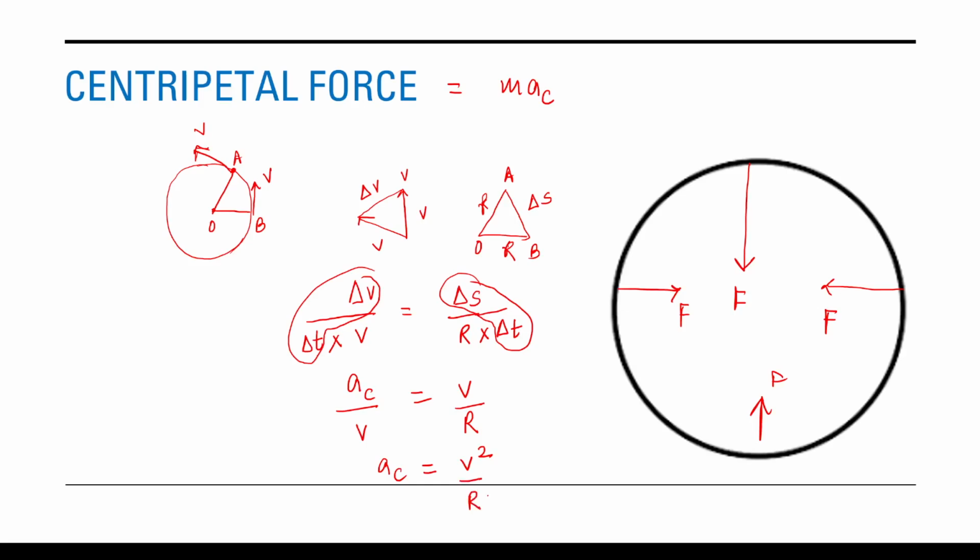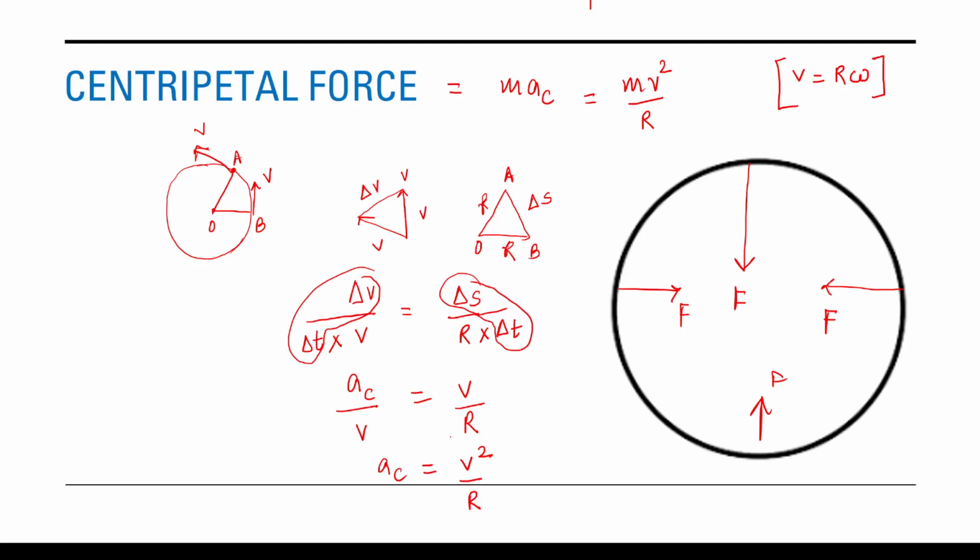That's the formula for centripetal acceleration. When I multiply it by mass, I get centripetal force, m v squared over r. And don't forget, you can write v as r omega from previous slides.